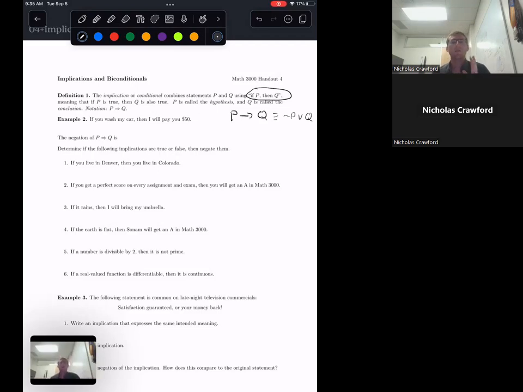So let's start with the negation and then we'll talk about it. The negation of this, since this is the same thing as not P or Q, is the same thing as P and not Q. So we negate the not P to just get back P, we negate the or to get and, and we negate the Q to get not Q. So why is this true?